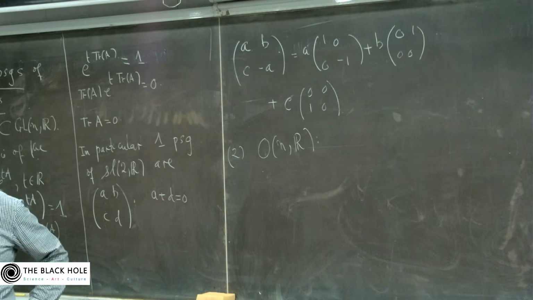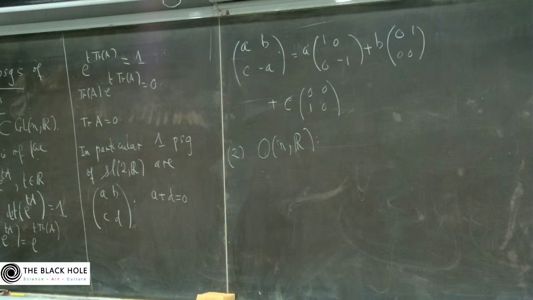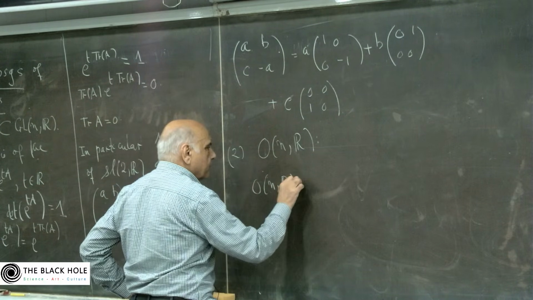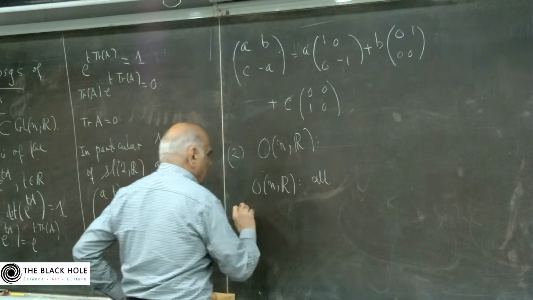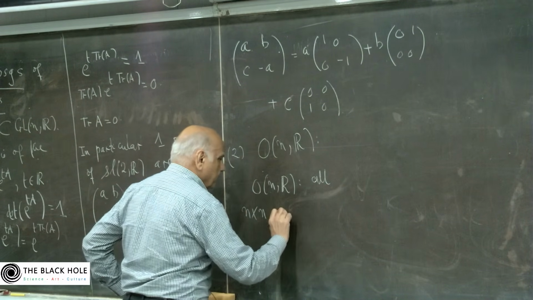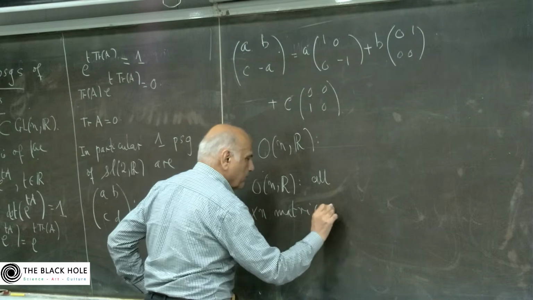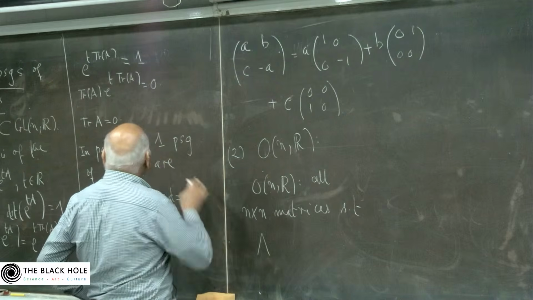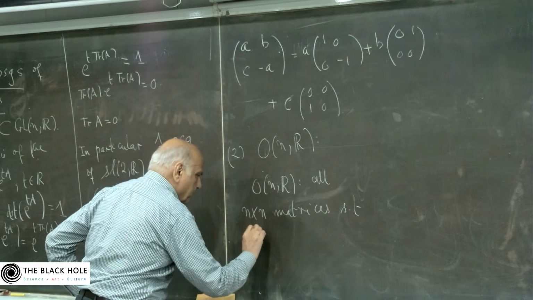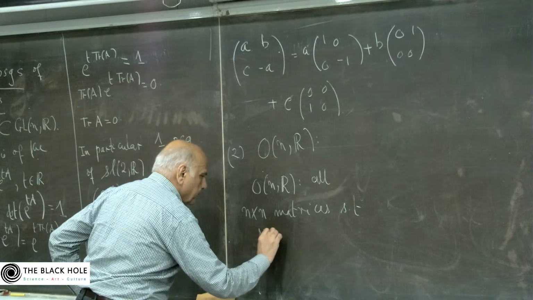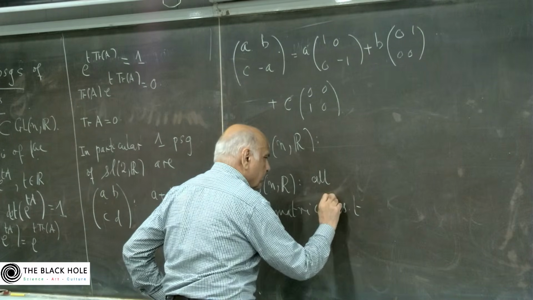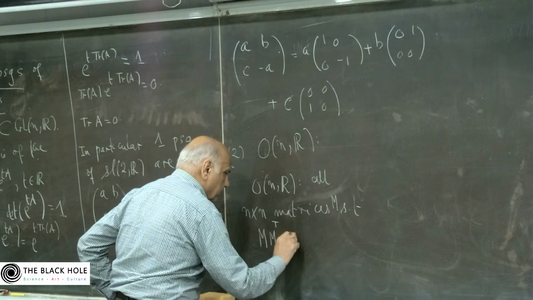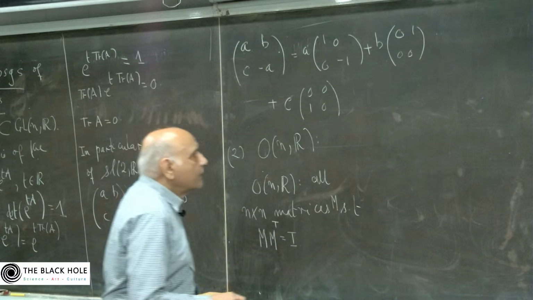These are all n by n matrices M such that M times M transpose is equal to the identity, right?